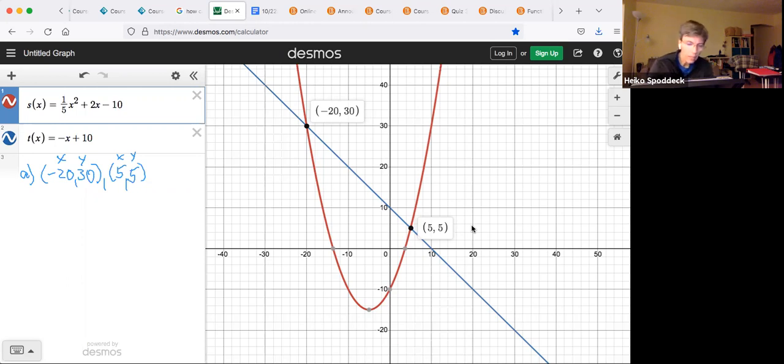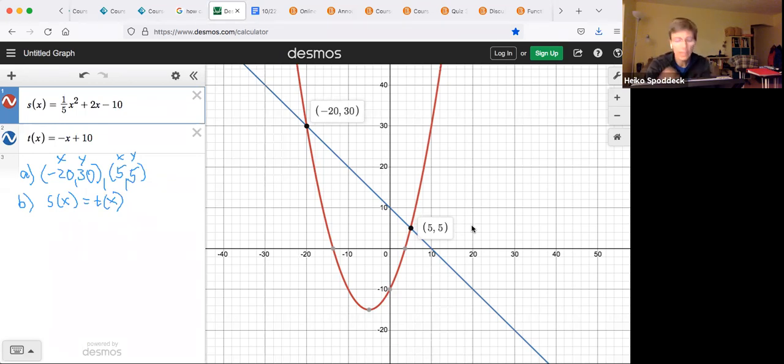Now in B, it is asking you to solve s of x equals t of x. So you have 2 functions. So what would that look like?